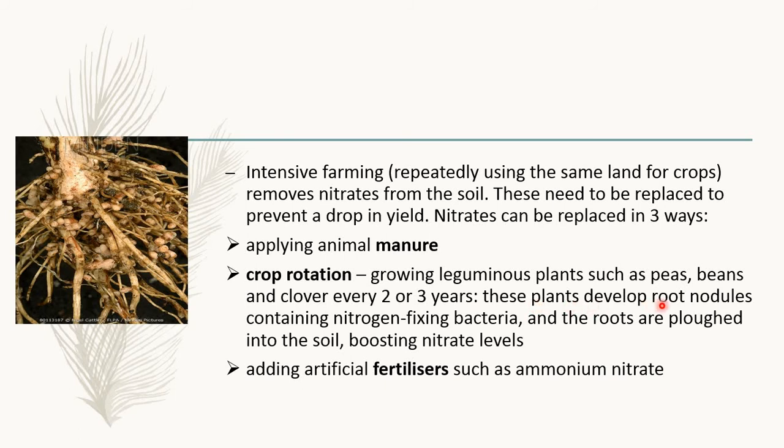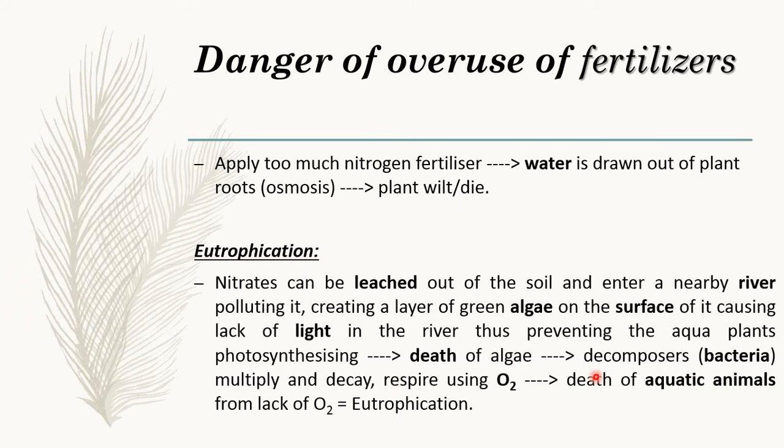These plants develop root nodules, the small circles here, containing nitrogen-fixing bacteria, and the roots are ploughed into the soil. It will boost the nitrate levels. And the third one is adding artificial fertilizer, for example, ammonium nitrate.